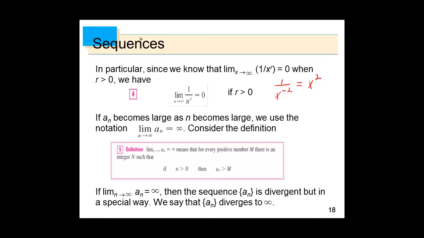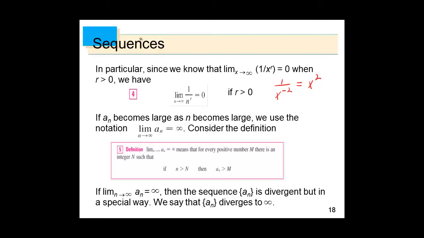So what should I change here if I want the limit to be negative infinity? What should be changing here? For every negative number m, and this inequality will be flipped, right?